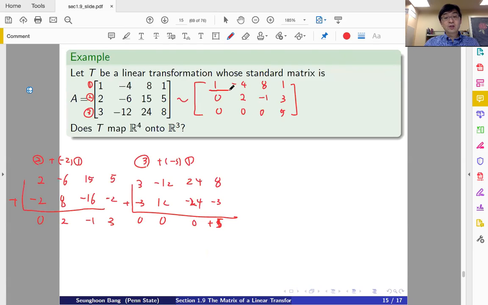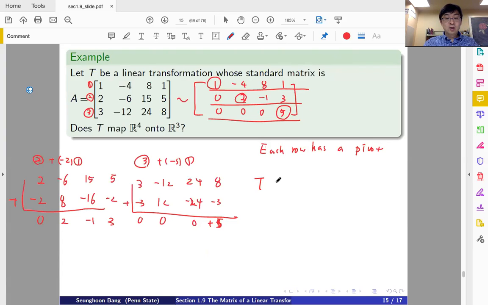The first row has a pivot. The second row has a pivot. The third row has a pivot. Each row has a pivot. So what does it mean?